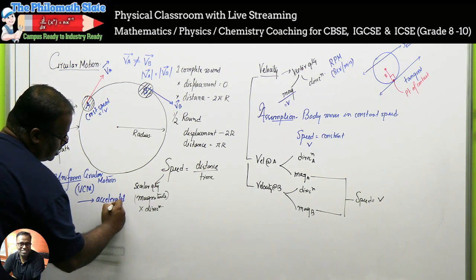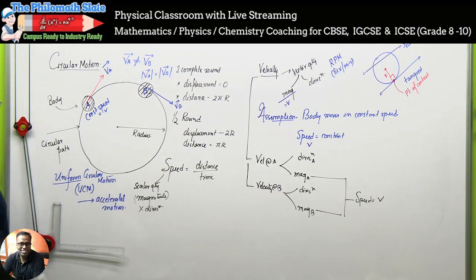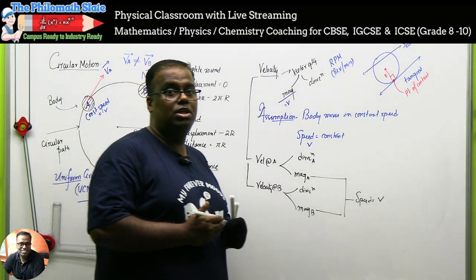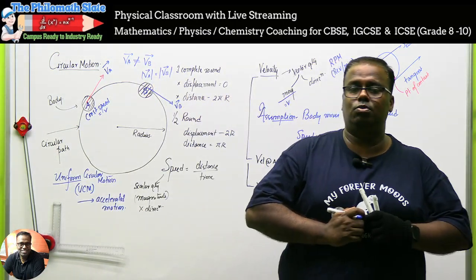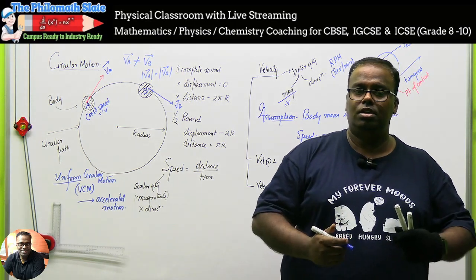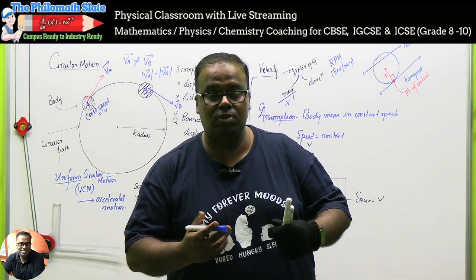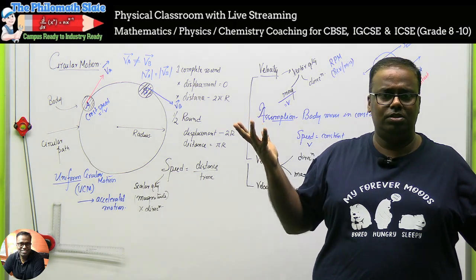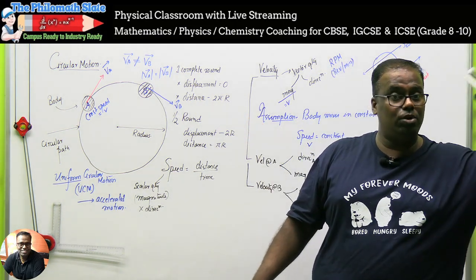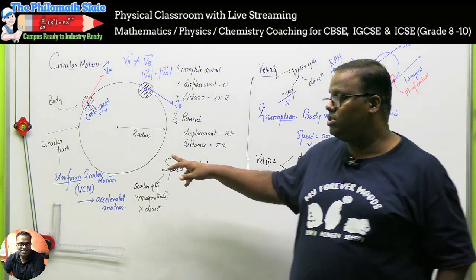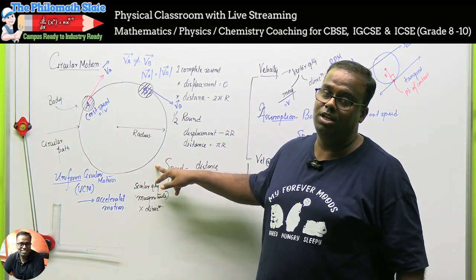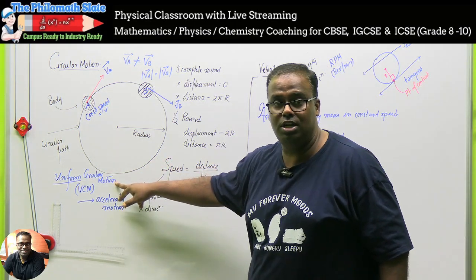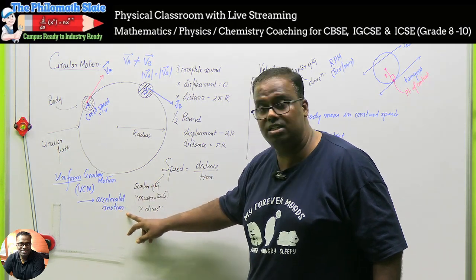Very, very dicey statement, but a very true statement. Uniform linear motion is non-accelerated motion. Try to think. Uniform motion means velocity is constant. Acceleration doesn't take birth at all. That is in the case of linear motion, what you studied so far. Now what are you studying? Circular motion. Uniform circular motion is an accelerated motion.